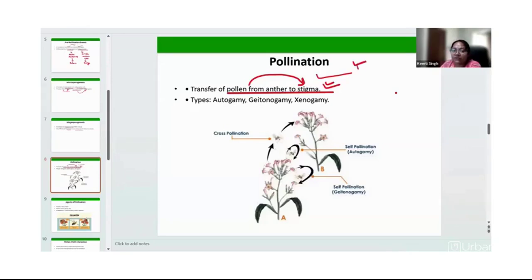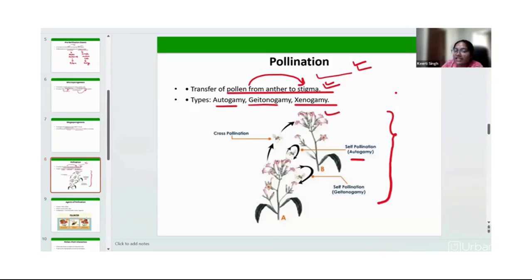So this pollination is of three types: autogamy, geitonogamy, and xenogamy. This is a very simple picture to show what these three terms mean. This is when the anther of the same plant, same flower, is going to fertilize the stigma of the same flower.